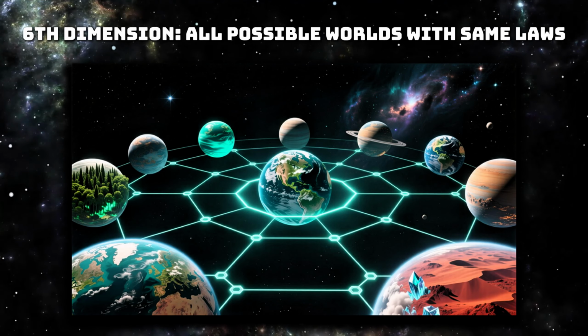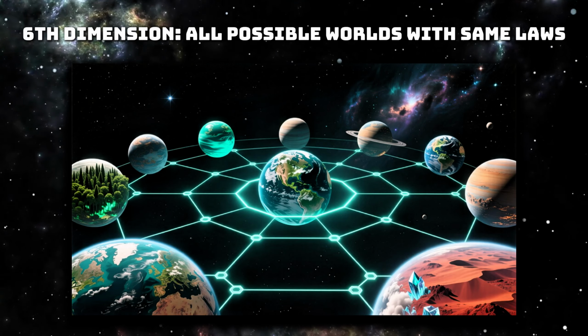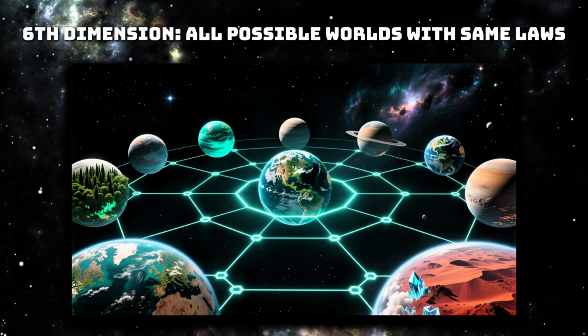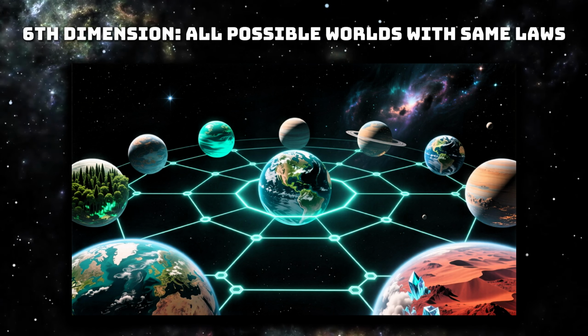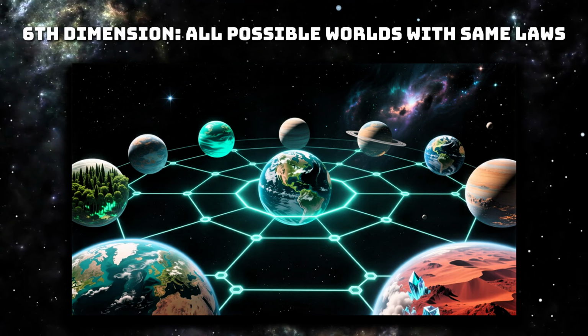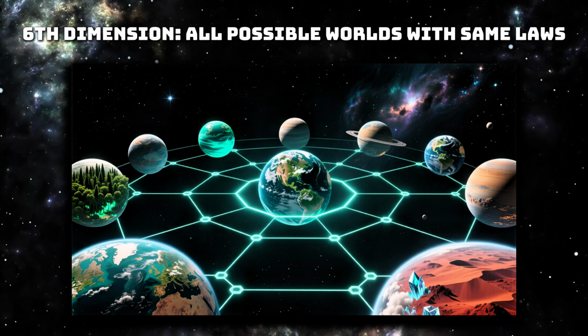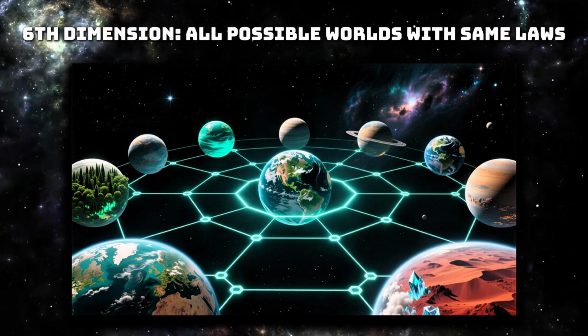Yet through it all, the laws of nature stay identical. Same physics, same equations, different outcomes. The sixth dimension is the space of all possible universes that could arise from the same rules, revealing a vast multiversal landscape far larger than the branching possibilities of the fifth dimension.